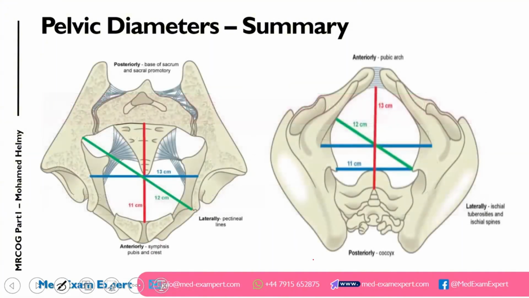Also, this is another diagram. These are the inlet diameters. Okay, 11, anteroposterior, oblique 12, transverse 13. If we look at the outlet, okay, anteroposterior 13, okay, then we have the oblique 12, which is, by the way, extending from the ischial spine on one side to the pubic arch on the other side.